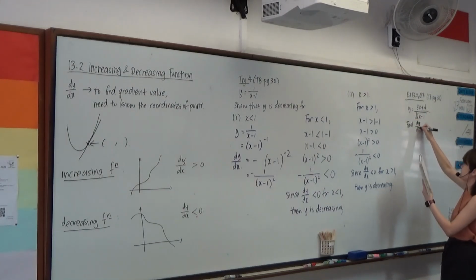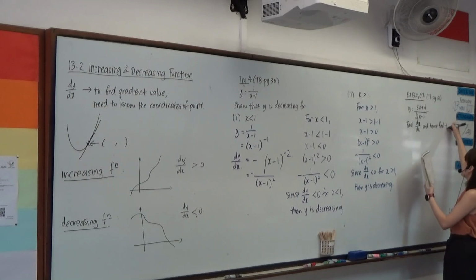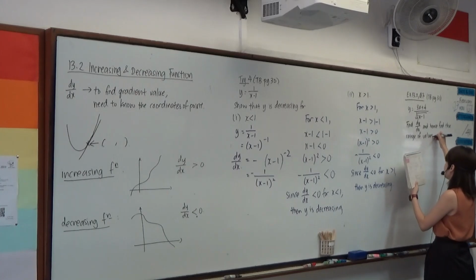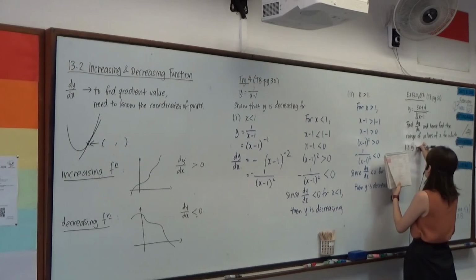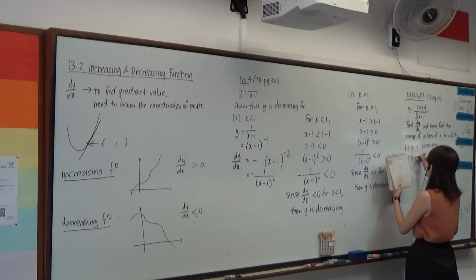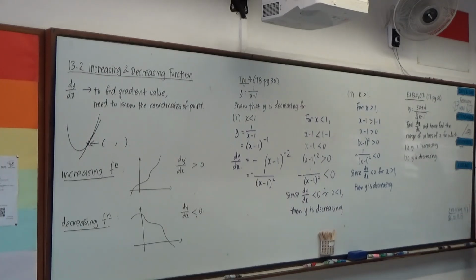We want to find dy over dx, and hence find the range of values of x for which part 1, y is increasing, part 2, y is decreasing. So again we want to find the range of values, given that y is increasing, and given that y is decreasing.